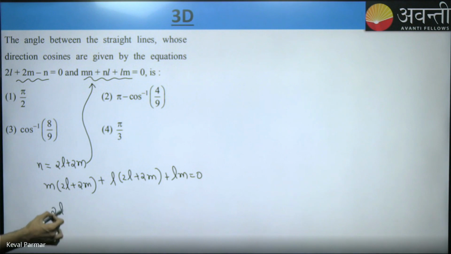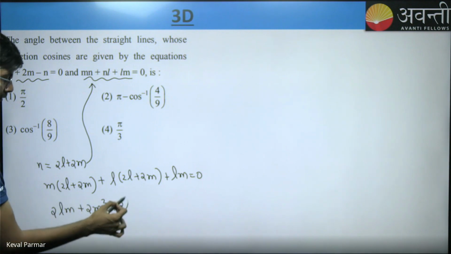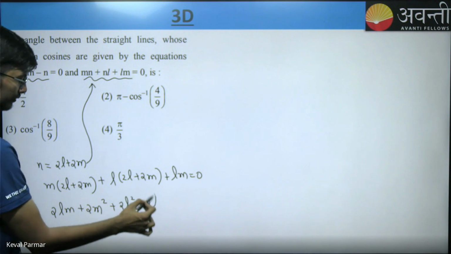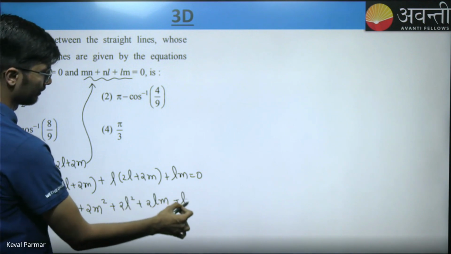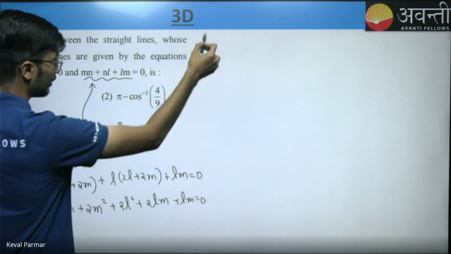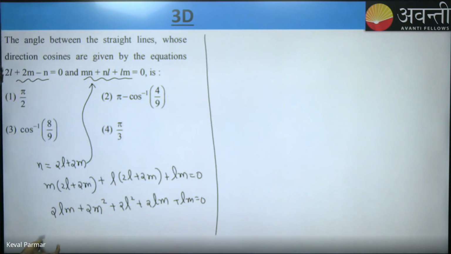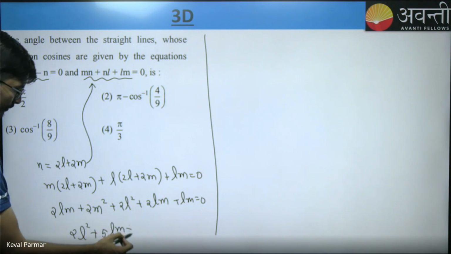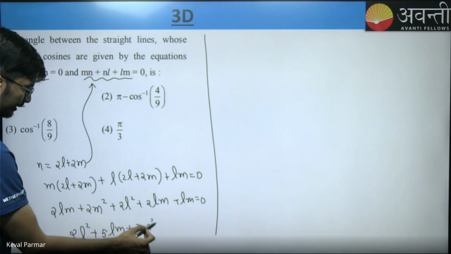So 2LM plus 2M square plus 2L square plus 2LM plus LM equals 0. This is a quadratic equation. If we rearrange, we'll get 2L square plus 5LM plus 2M square equals 0.